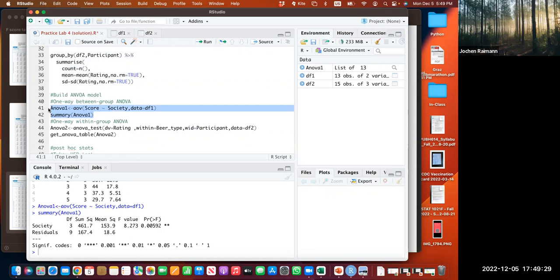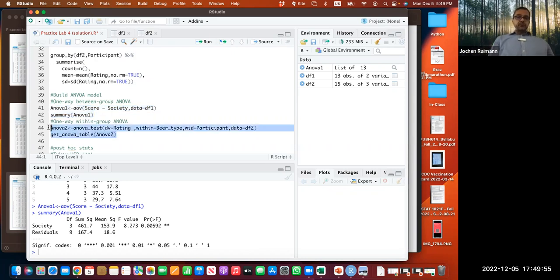You get sum of squares, you get a mean square, you get an F value, which we calculated, and a corresponding P value. And you get here the residuals. The residuals are basically your, excuse me, that's your variance within. So that's the source table in R.